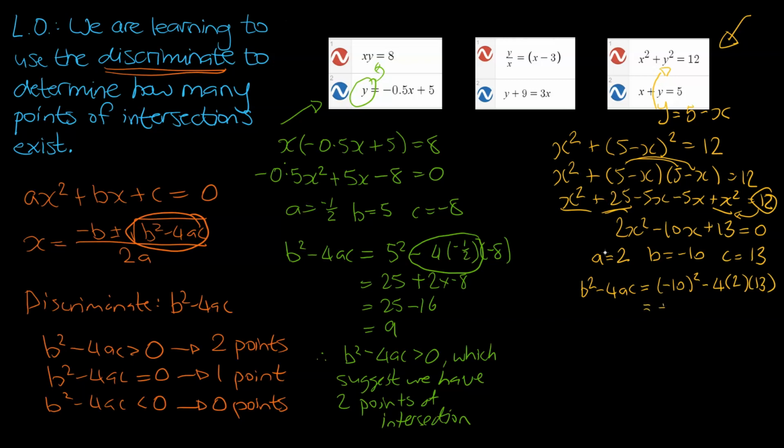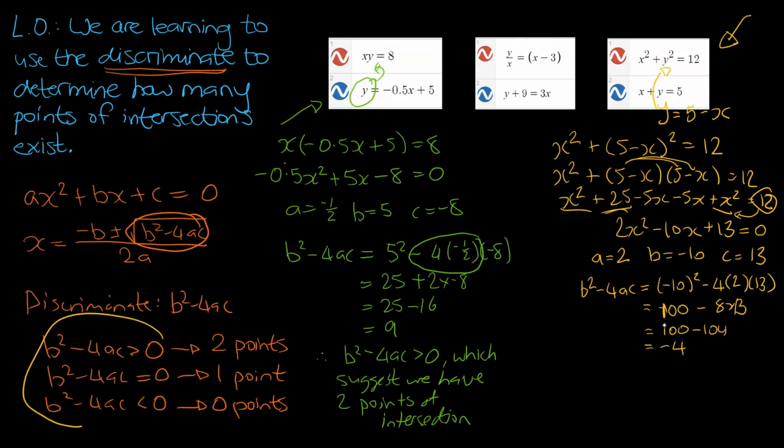So that's going to be positive 100 minus 8 times 13. And if we do the maths with that, that's going to be 100 minus 104, which is equal to negative 4. So we've got a negative discriminant.